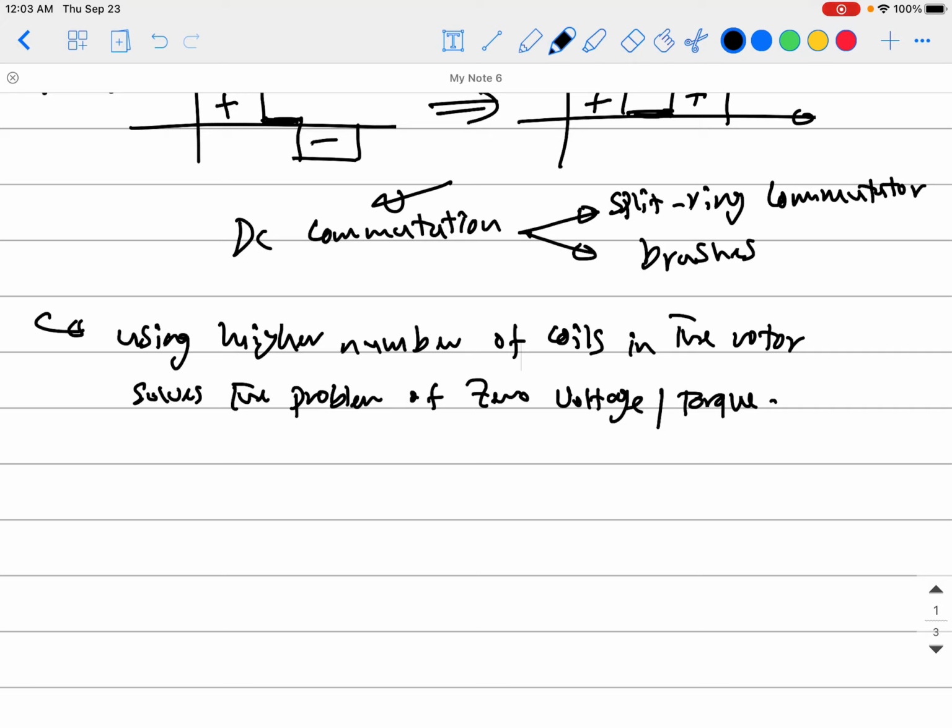And we also talked about how we can add more poles to the stator, and that will increase the generated voltage of a generator or the torque developed by a motor.